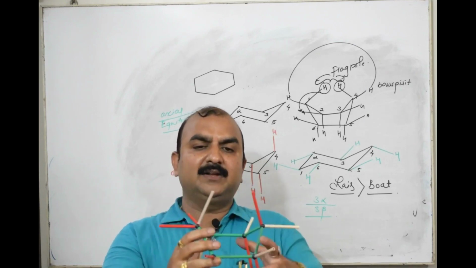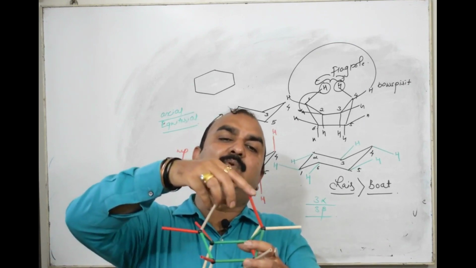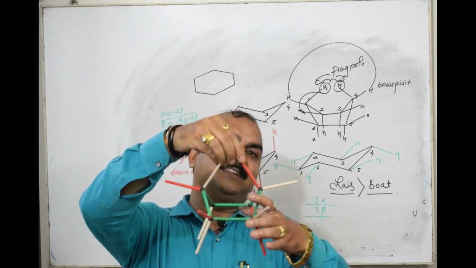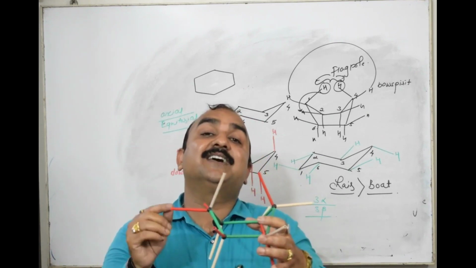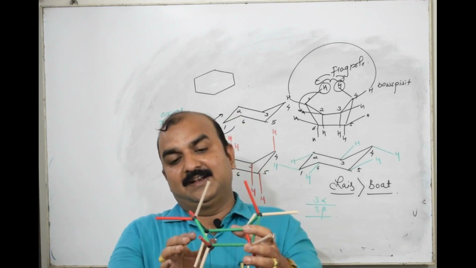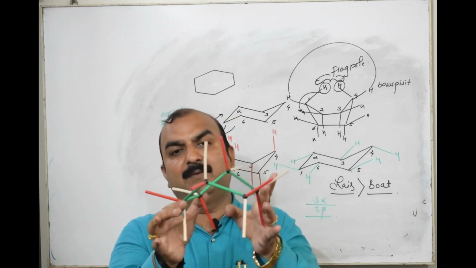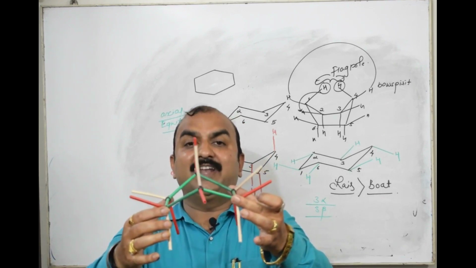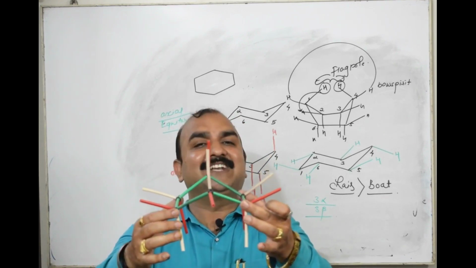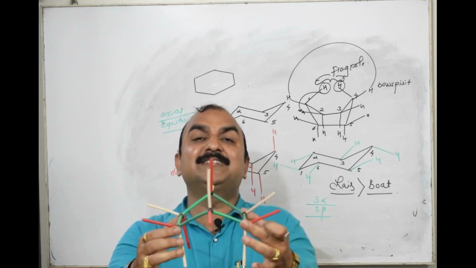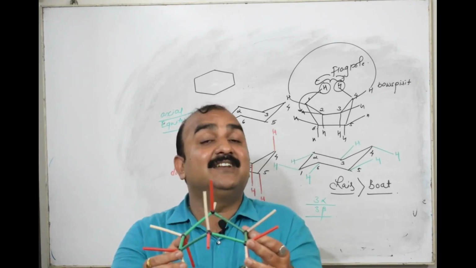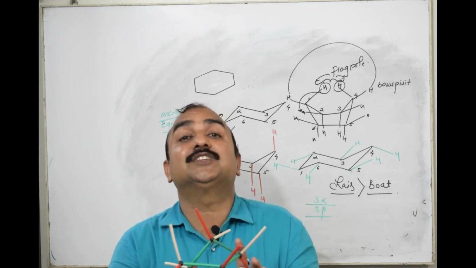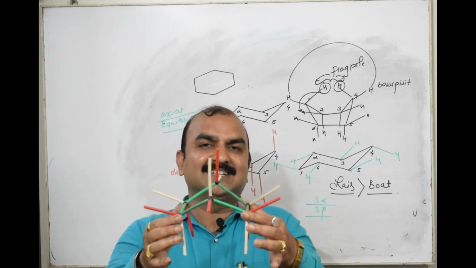When it is converted into the boat, there is a flagpole interaction. So these hydrogens repel each other, making the system unstable. Now if we look at the Newman projection, please see all interactions are eclipsing interactions, and when eclipsing interaction is there, there is torsional strain, which we have discussed previously. So that's why this is unstable.